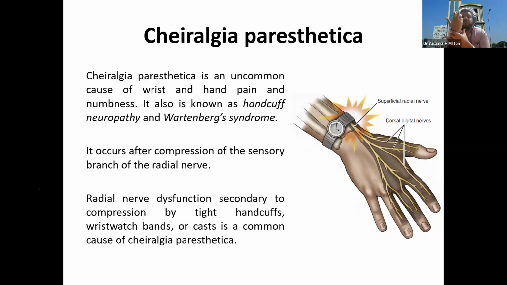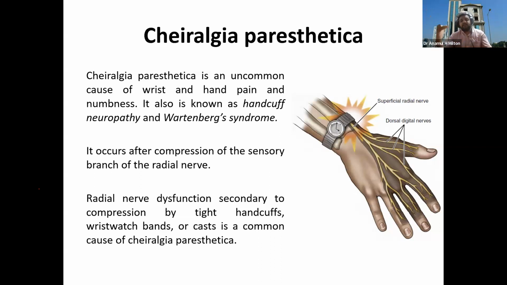So this is where we wear a wristwatch or wrist band. That time this area is considered for compression of this superficial nerve, and it mainly affects the dorsal part, especially this area.